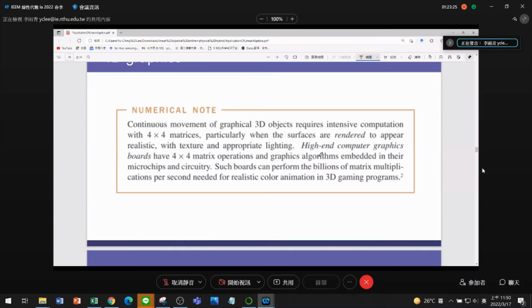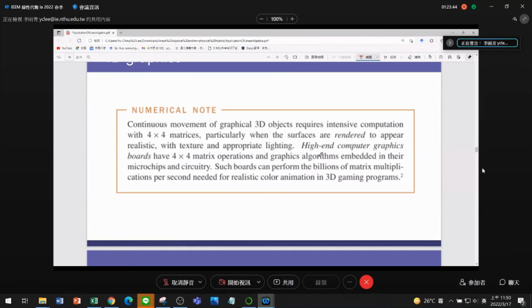So here it says that high-end computer graphics boards will have 4x4 matrix operations, not 3x3 matrix operations, and the graphics algorithm embedded in their microchips and circuitry.